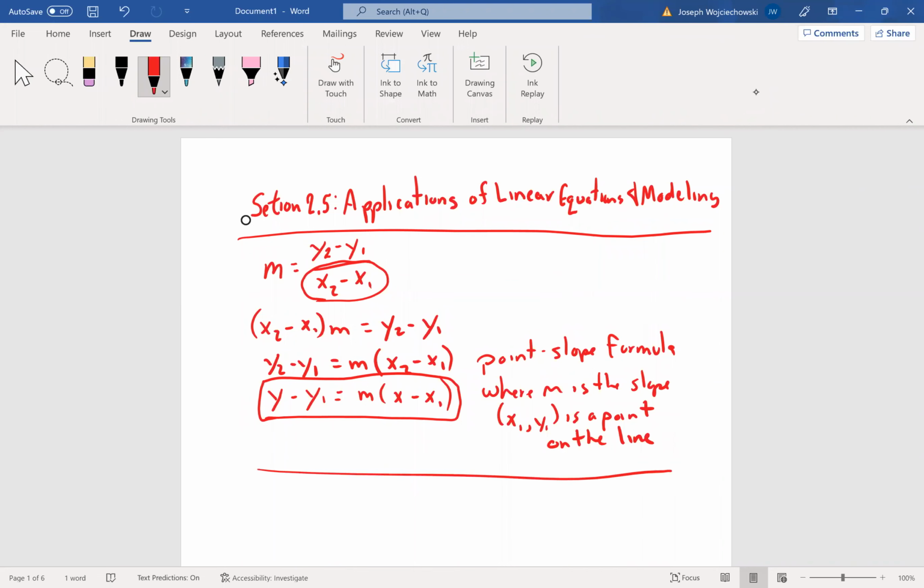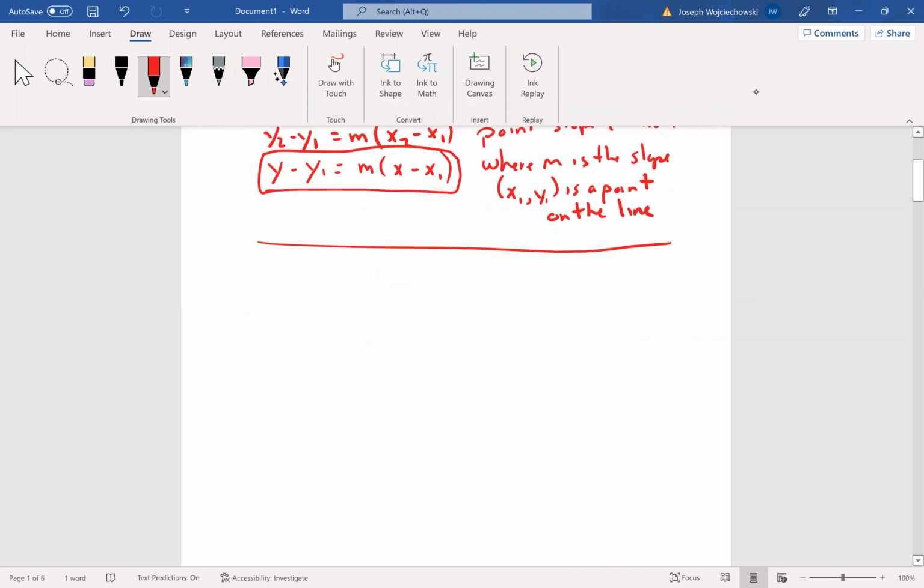Okay, so let's look at this. Real simple. We're going to use the point-slope formula to find an equation of a line passing through the point -5, 2, and having slope -3. We want the answer in slope-intercept form. So we have y minus y1, which is 2, equals m times x minus x1, which is -5.